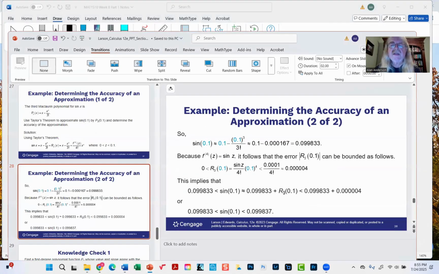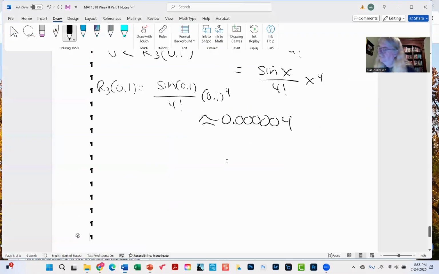That the correct value is somewhere between. Now remember, originally we simply plugged 0.1 into this polynomial and we got 0.099833.